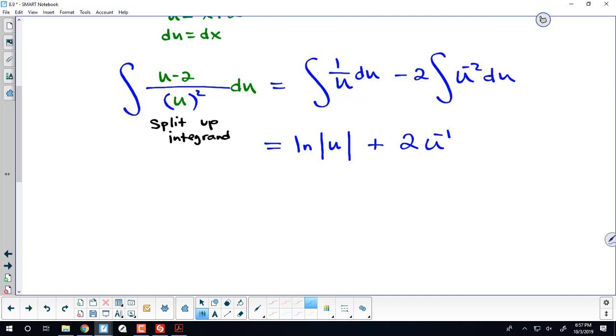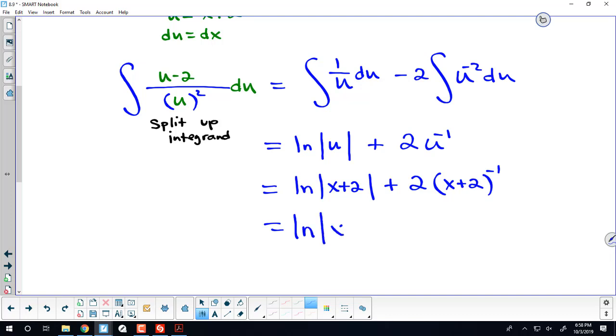And then we'll resubstitute u as x plus 2. Or, I don't know, it just depends on how you like to write these things.